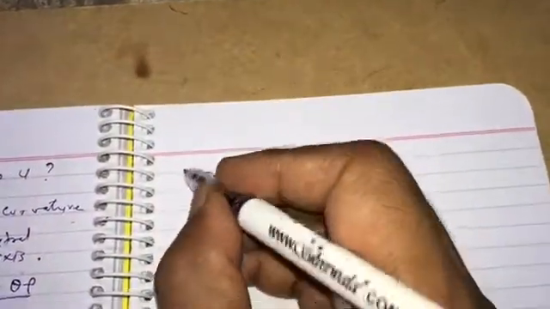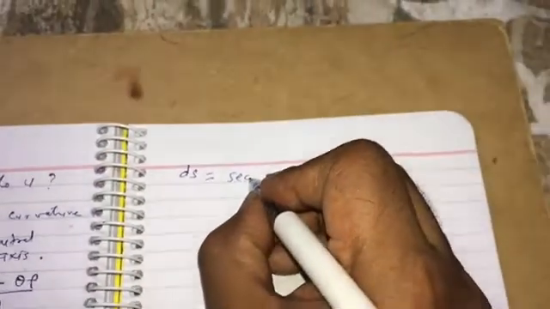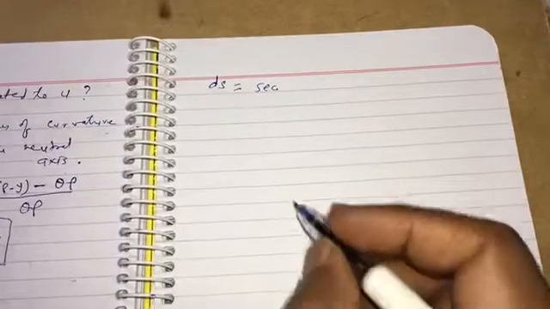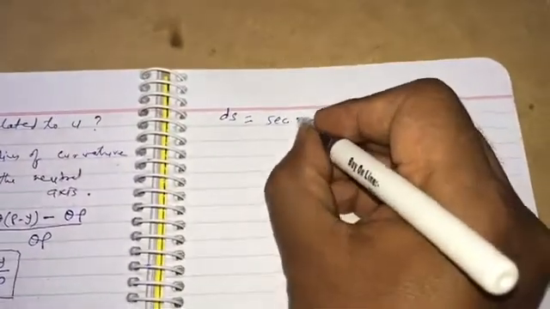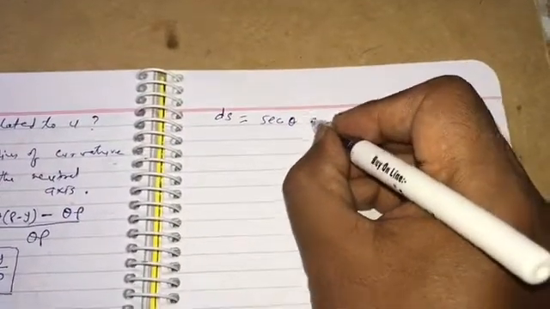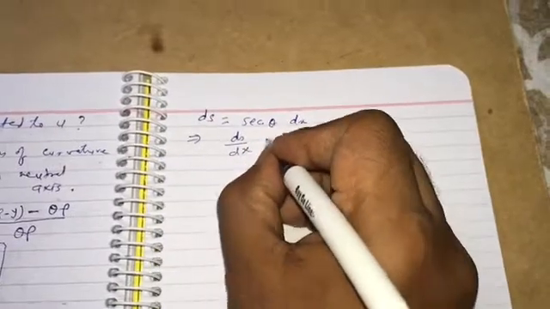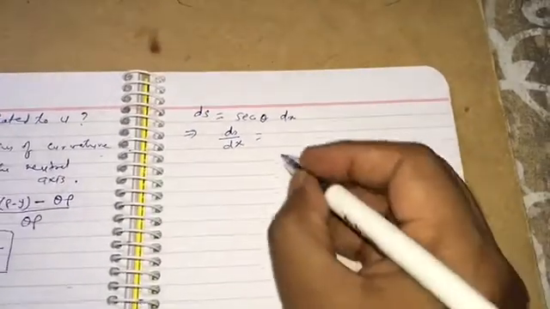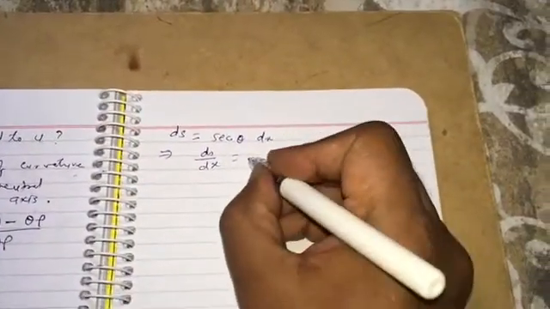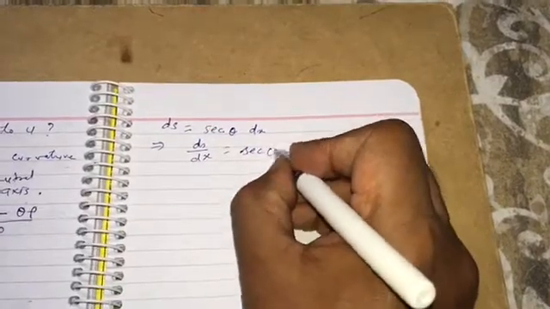What we got so far is ds equals sec theta dx, or simply ds over dx equals sec theta.